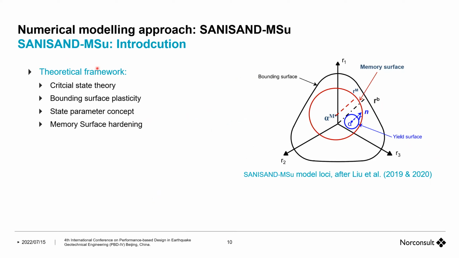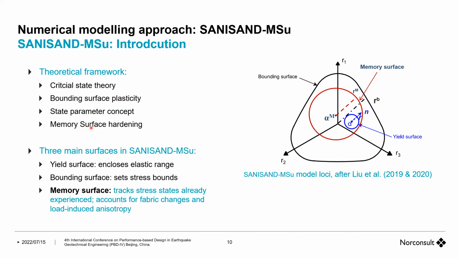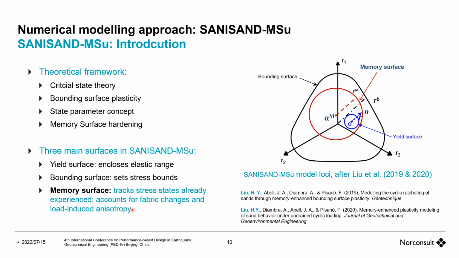It's based on SANISAND 2004, bounding surface plasticity, critical state, and the same issues, but then memory surface hardening is added. Basically what it does is track stress states that have already been experienced, and account for fabric changes and load-induced anisotropy. So it is more accurate, as you will see, and these are some references.